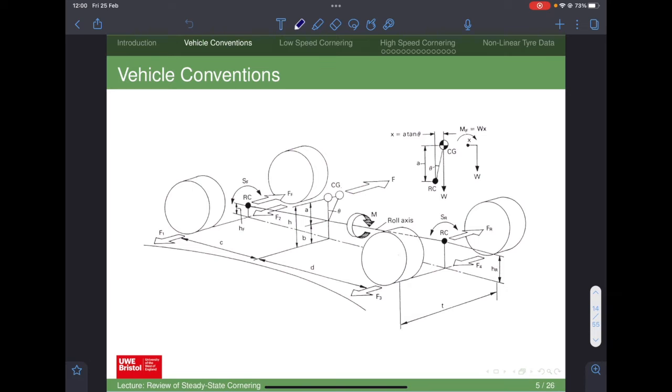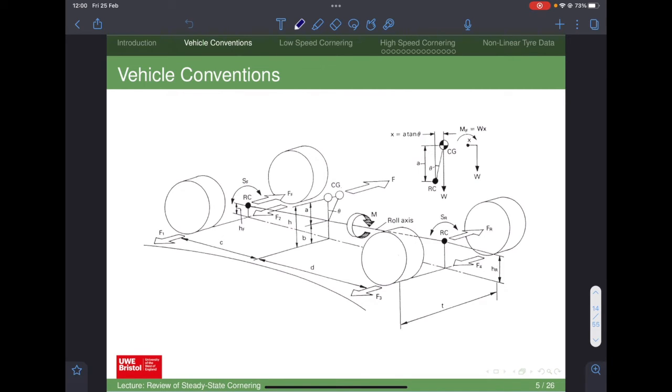If there's a force being applied to the centre of mass, and this is the roll axis, it's going to rotate the body around that roll axis. So that force, big F here, the actual force being generated, is going to act upon the centre of mass of the body, because the sprung mass of the vehicle is centred around that centre of mass.